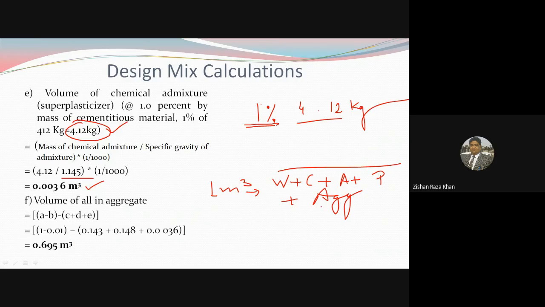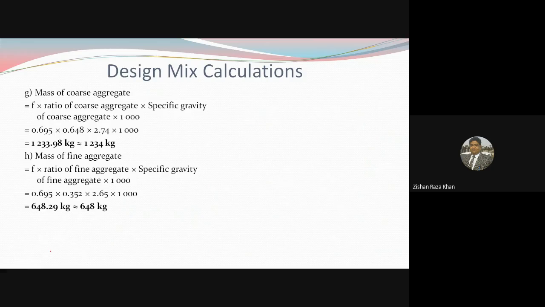So by subtracting from this 1 meter cube, we will find the volume of aggregate. So volume of aggregate comes out to be how much? This 0.695 meter cube. Okay. Now we know that ratio of coarse aggregate is 64.8% and its specific gravity is 2.74.